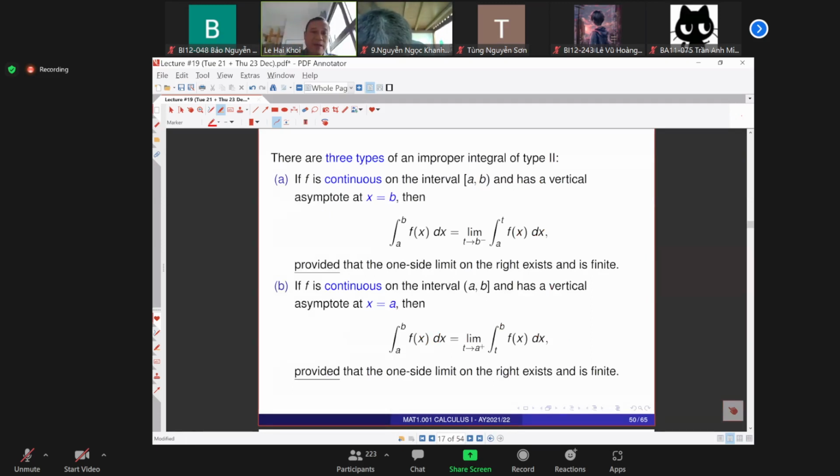First, if f is continuous on the half interval except the right end, where you have a vertical asymptote, then the integral from a to b of f(x) dx is defined by the limit of the integral from a to t, as t tends to b from the left side.